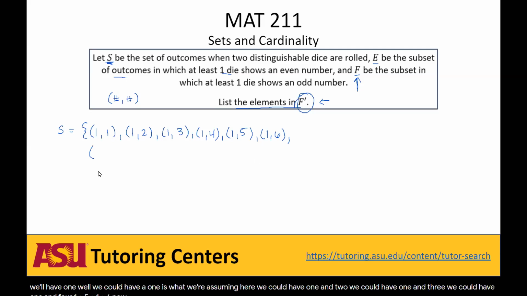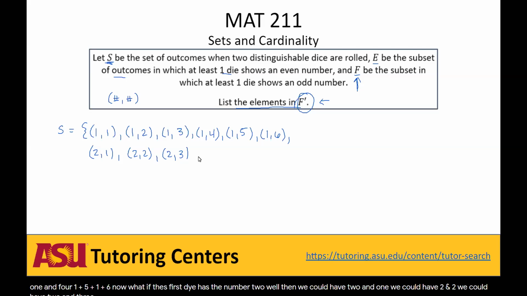Now, what if the first die has the number 2? Well, then we could have 2 and 1, 2 and 2, 2 and 3, 2 and 4, 2 and 5, and 2 and 6.